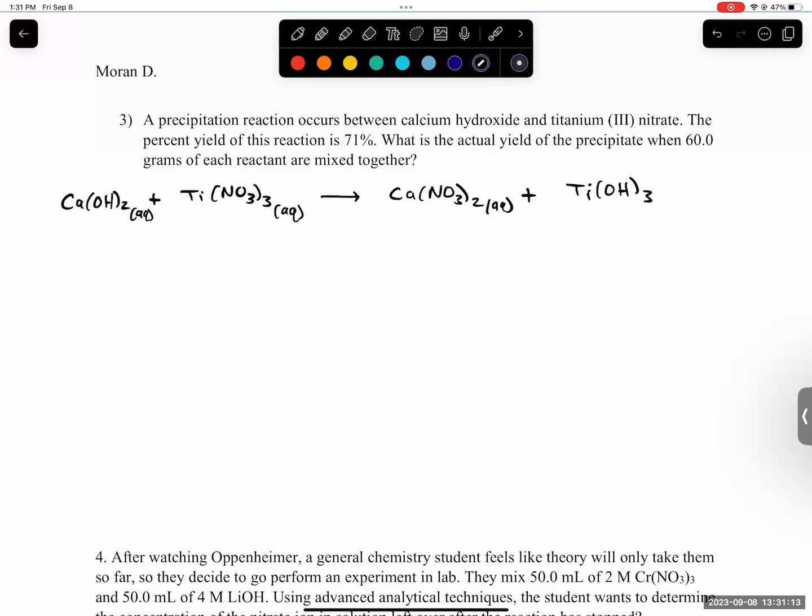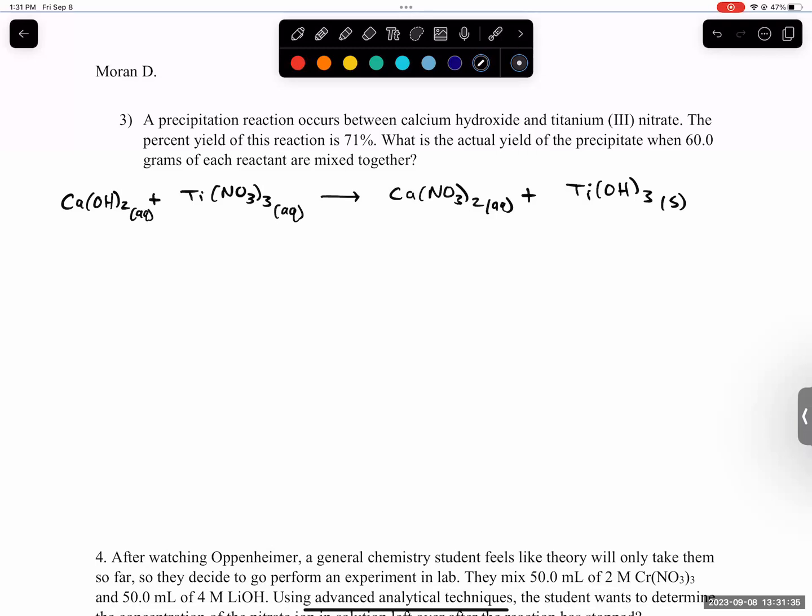So now this is going to be our precipitate. We know that because hydroxides are generally insoluble. There are exceptions that make them soluble, and titanium is not one of those examples: group 1, ammonium, calcium, strontium, barium.